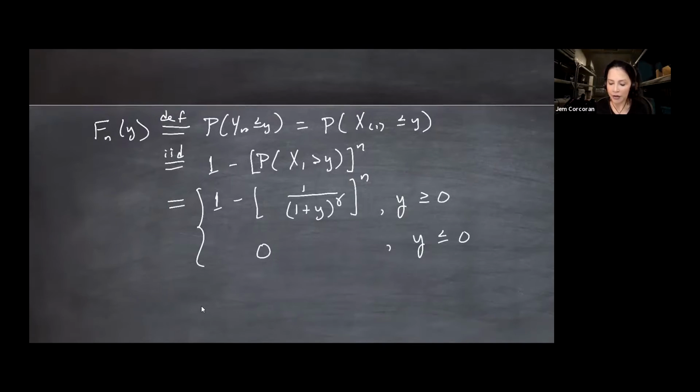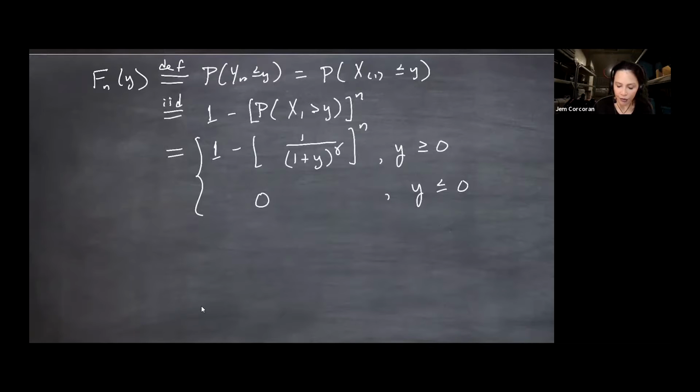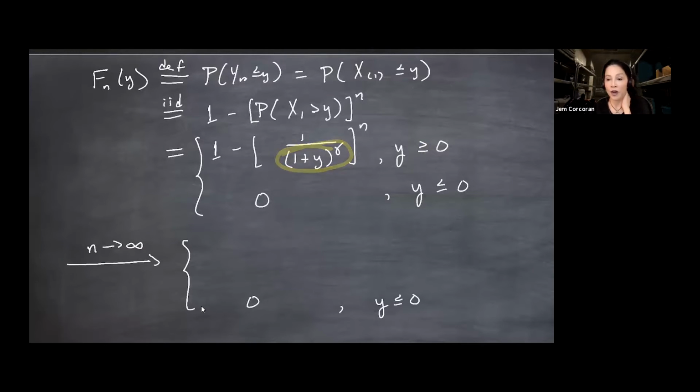And the reason I bothered to write that is because if you let n go to infinity on this piecewise thing, the bottom stays at 0, and the top, well, if y is strictly positive, then this guy is greater than 1, and so this thing is a positive number that's less than 1. And when you raise that to the n, this whole thing is going to 0.